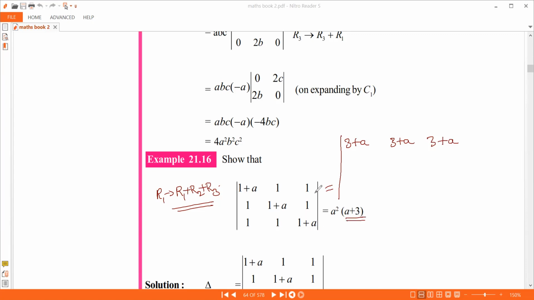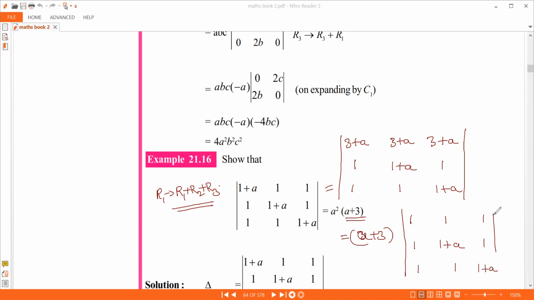So let us take a plus 3 as common. On the top I get 1 1 1, and then 1, 1 plus a, 1; 1, 1, 1 plus a.